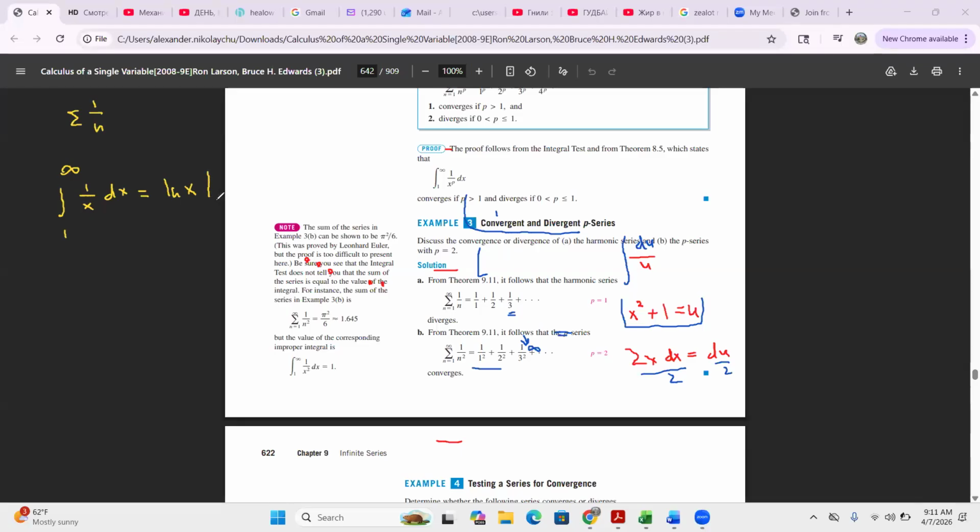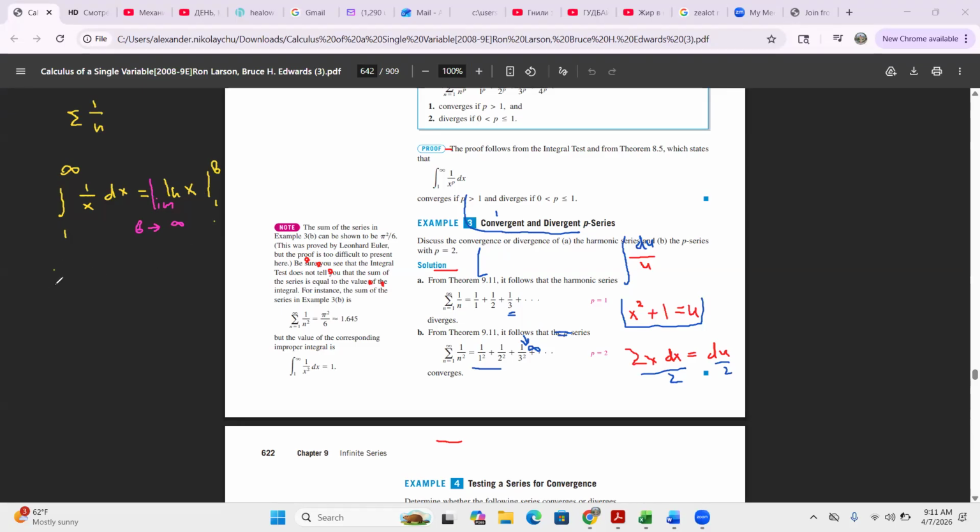So you're going to integrate from 1 to some particular number b, and then what you do is send this b to infinity. So you take the limit as b is sent to infinity. That way you have the ability to plug b in, because ln of infinity, we don't know what it is, but we know what ln of b is, right?